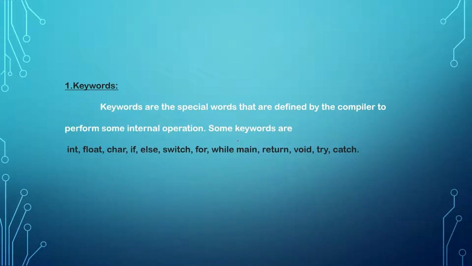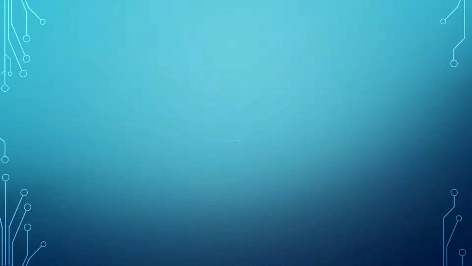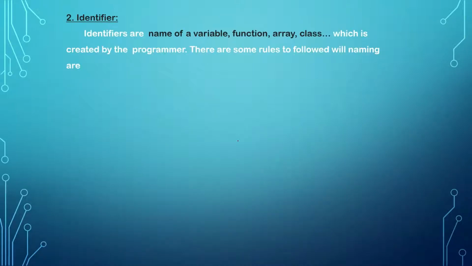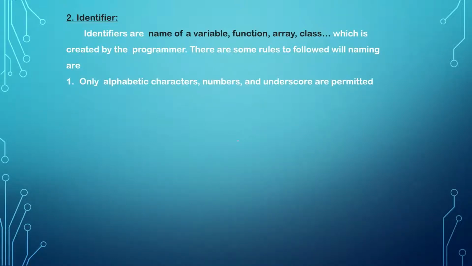Next let us see about identifiers. Identifiers are the names of a variable or function or array or class. So we are going to name the variables, and for naming the variables, we have to follow some rules. We can use only characters, numbers, and underscore.